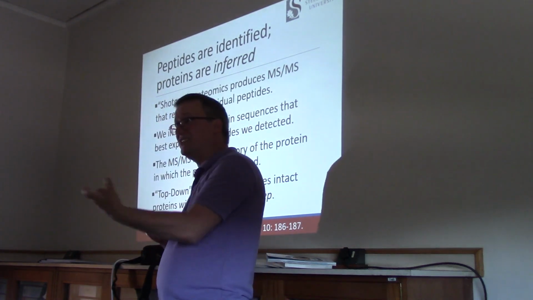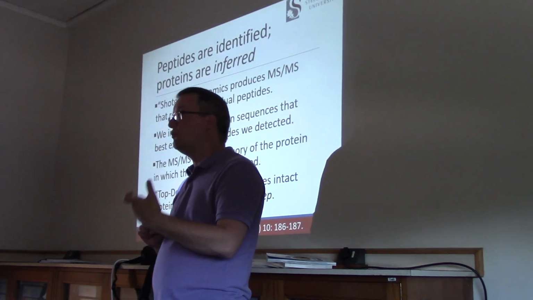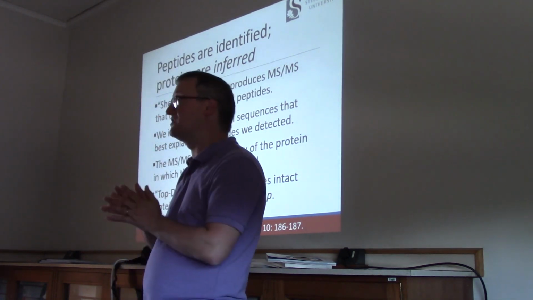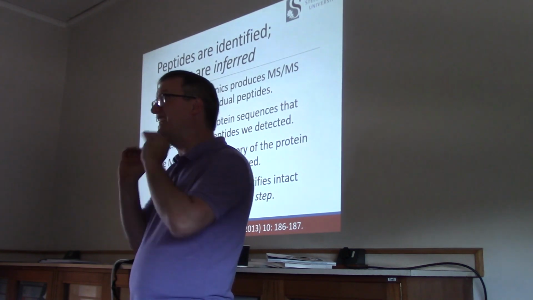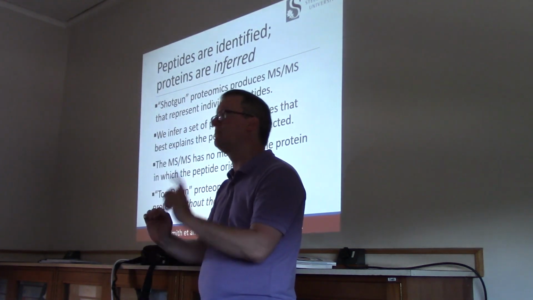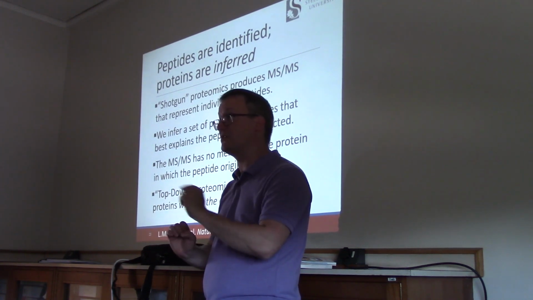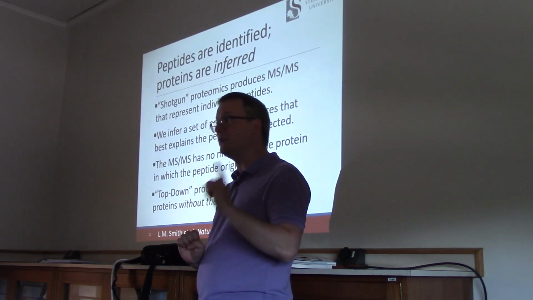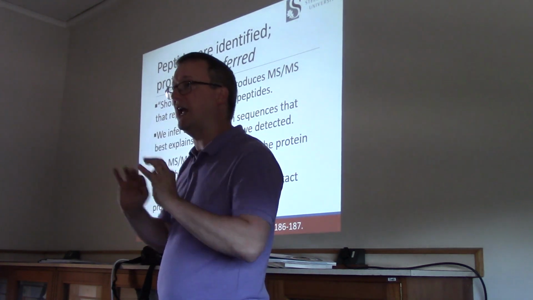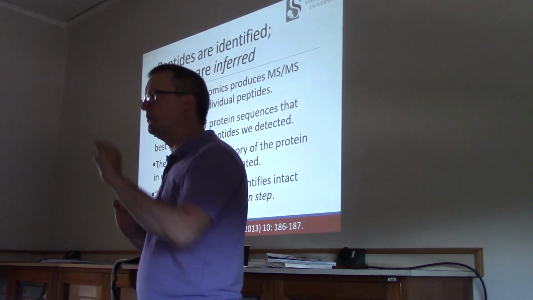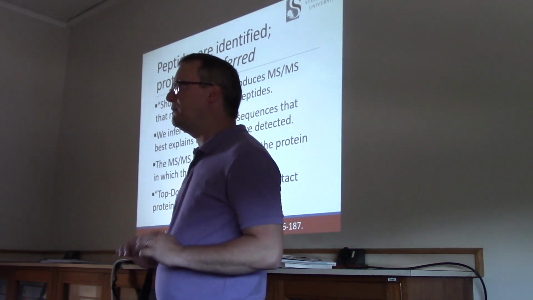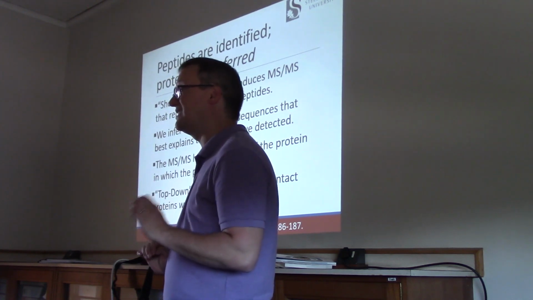We are directly identifying peptides, which means that if somebody gives you back a protein list from your proteomics experiment, they are giving you an inference about which proteins are the best explanation for the peptides we observed. That is a little bit uncomfortable for people. So if you really care about which isoform from a particular gene is represented by your data, you'd better be prepared to interrogate it pretty closely to get that information out.